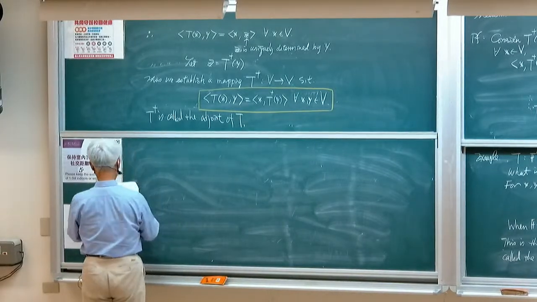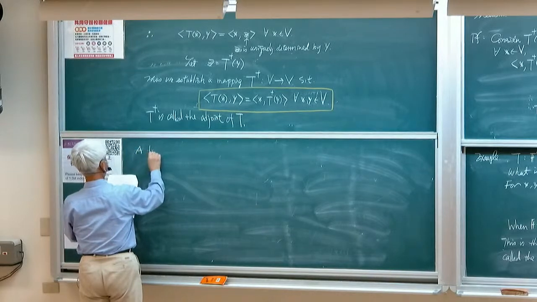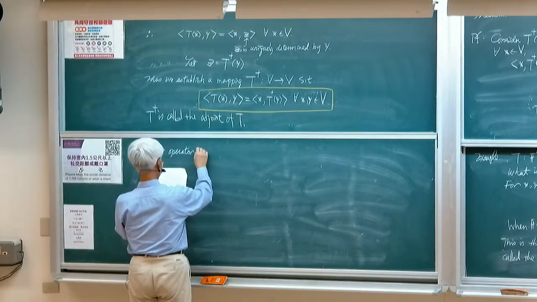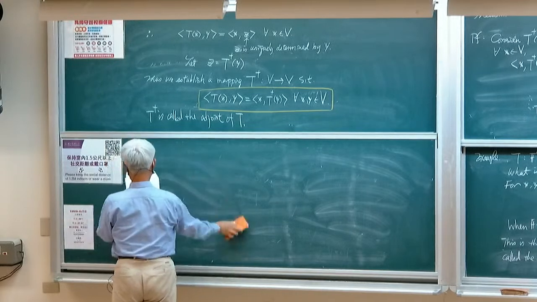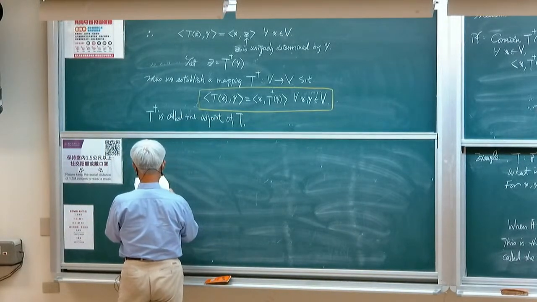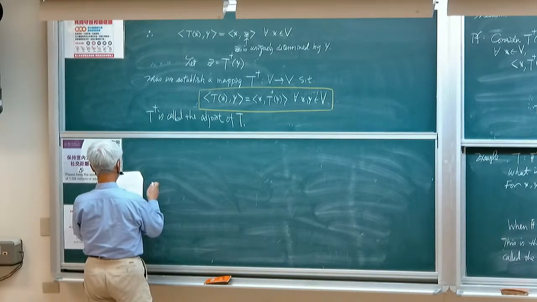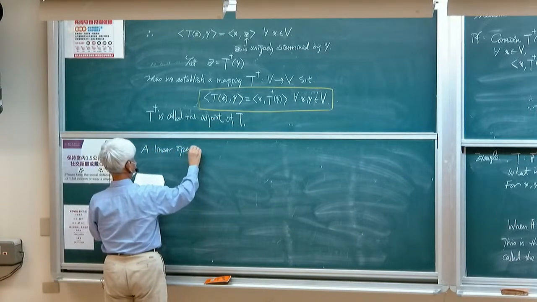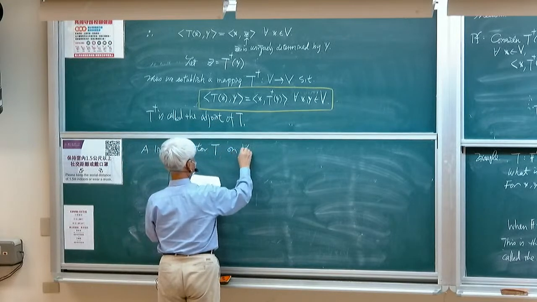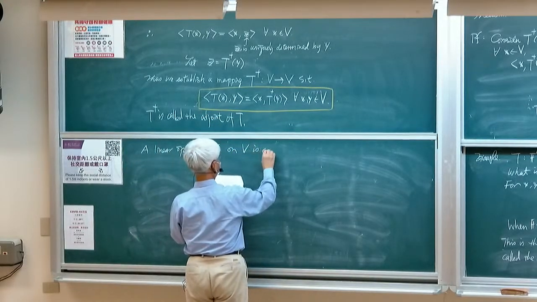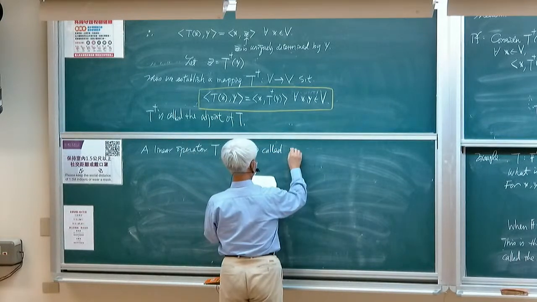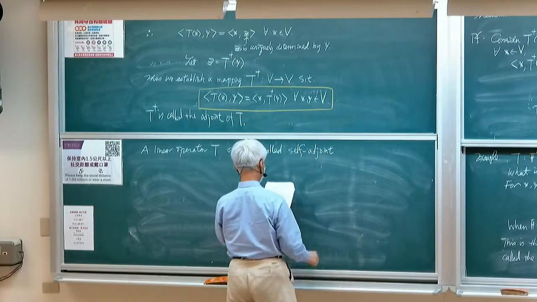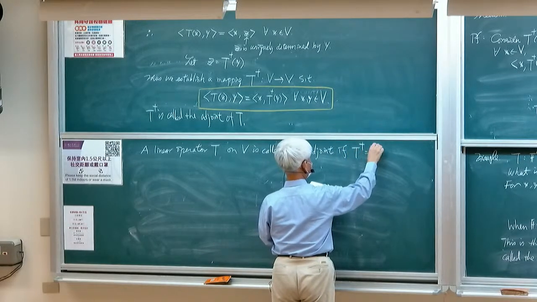Right. Now, a linear operator T on V is called self-adjoint if T dagger is equal to T itself.